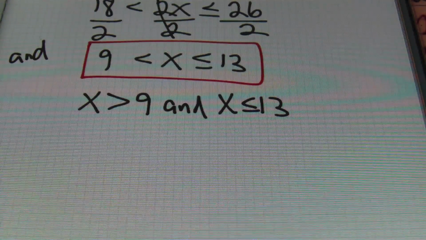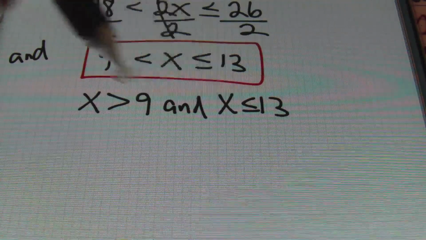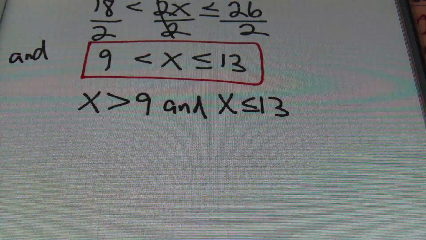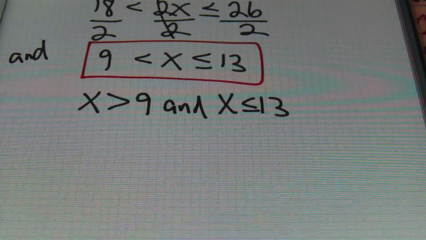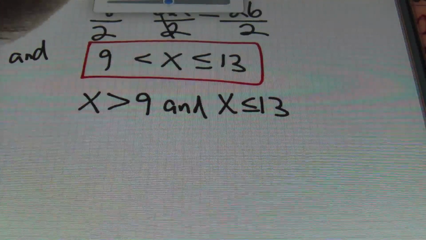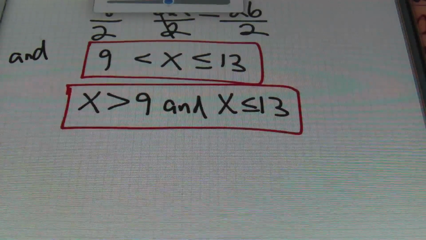So in actuality, this is a shortened version of the following two inequalities with that and in between. That's right. Thus, the name compound inequality, because you're combining more than one inequality together. Yep. All right. So now I'll go ahead and box this possible solution for you.